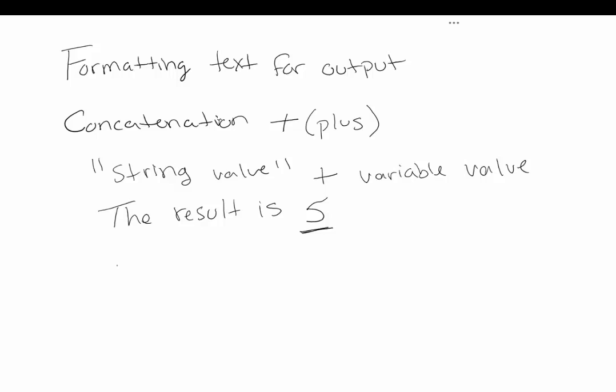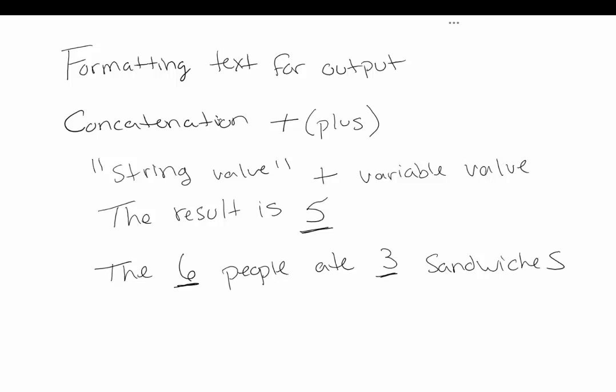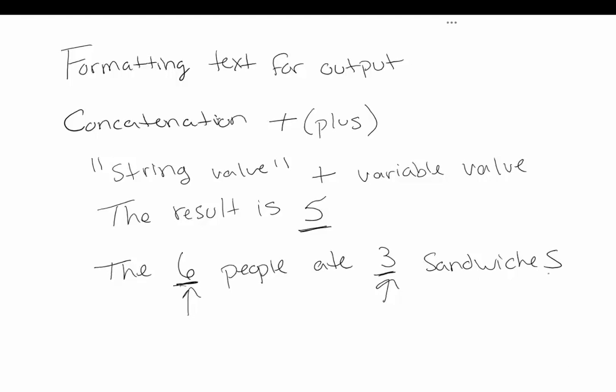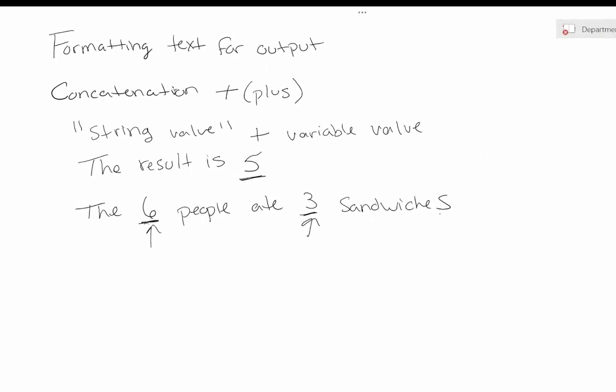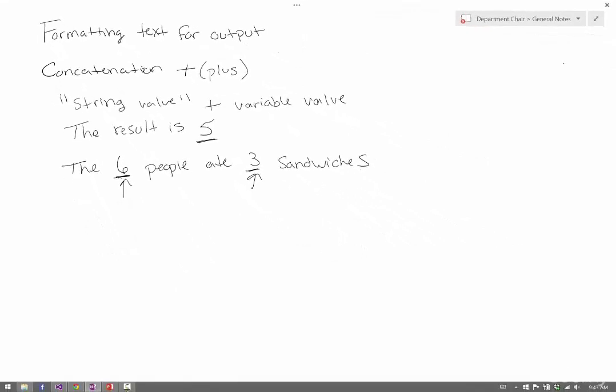Or we could say "the 6 people ate 3 sandwiches," where 6 and 3 are both values held in memory by variables, and we're going to concatenate this whole statement together. So let's go into Visual Studio to a console project and look at how we can concatenate variables together for output in a console window.